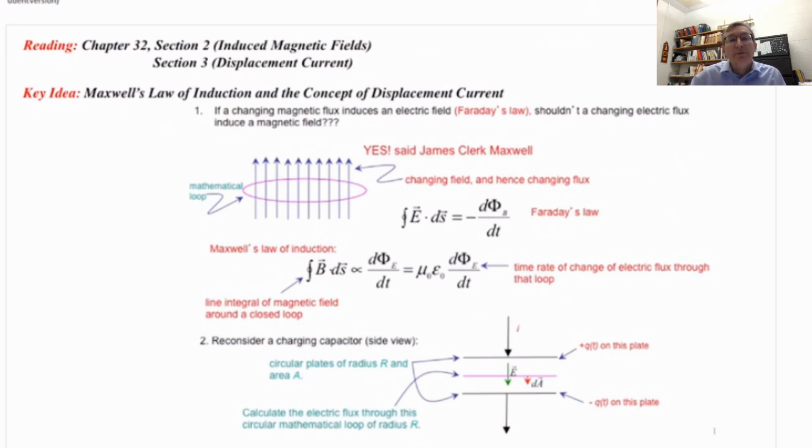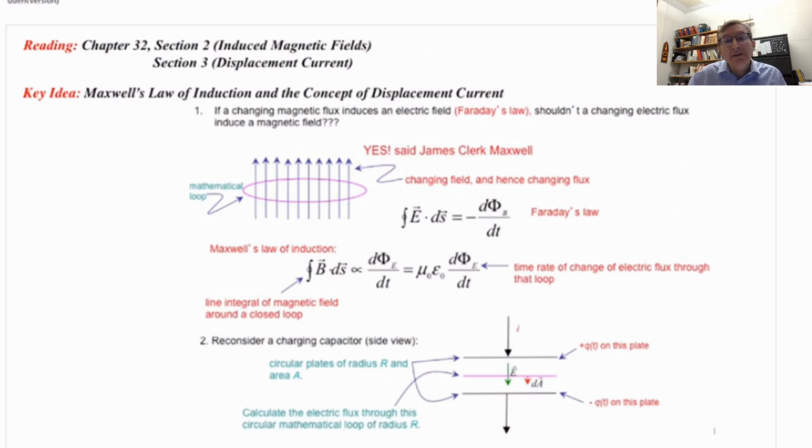And what we learned in chapter 30, the concept often called Faraday's law, is that if you have a changing magnetic flux through a loop, there'll be an induced EMF in that loop and an induced electric field around that loop. So a rather loose way to say it is a changing magnetic flux induces an electric field.